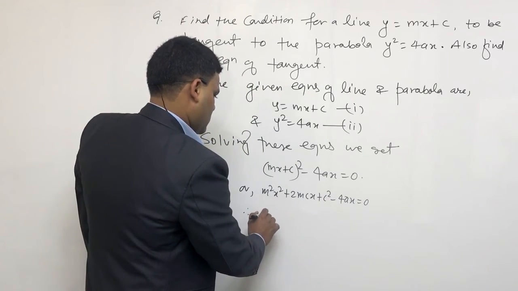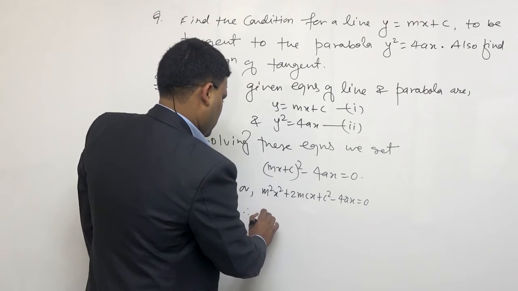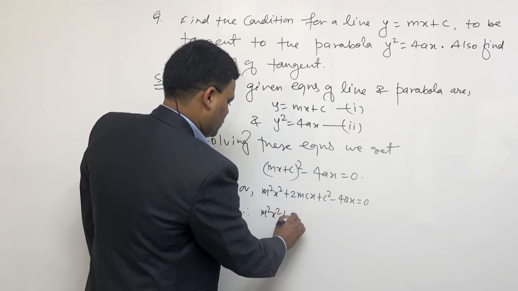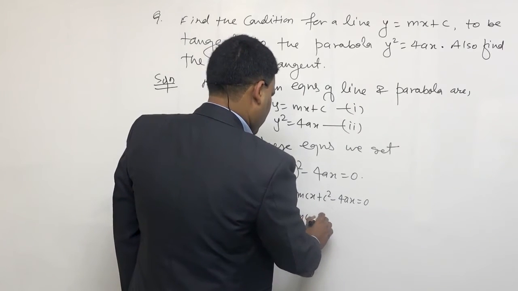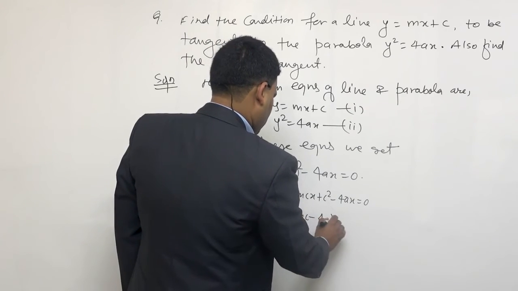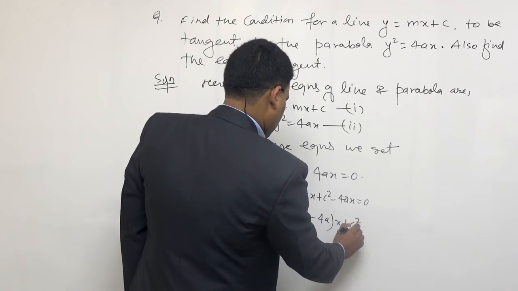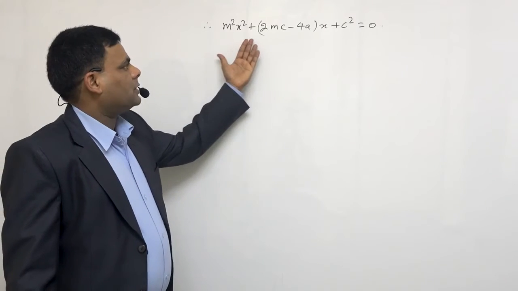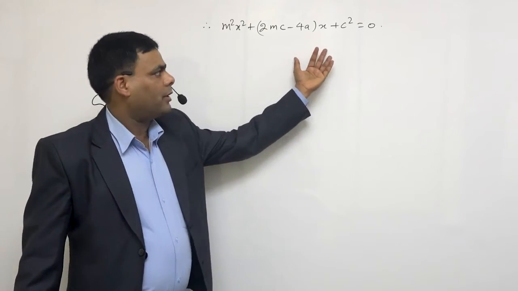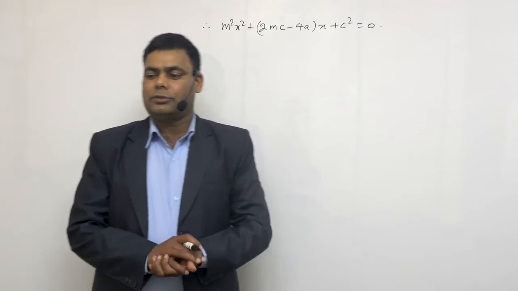Therefore, m square x square plus (2mc minus 4a) into x plus c square equals 0.